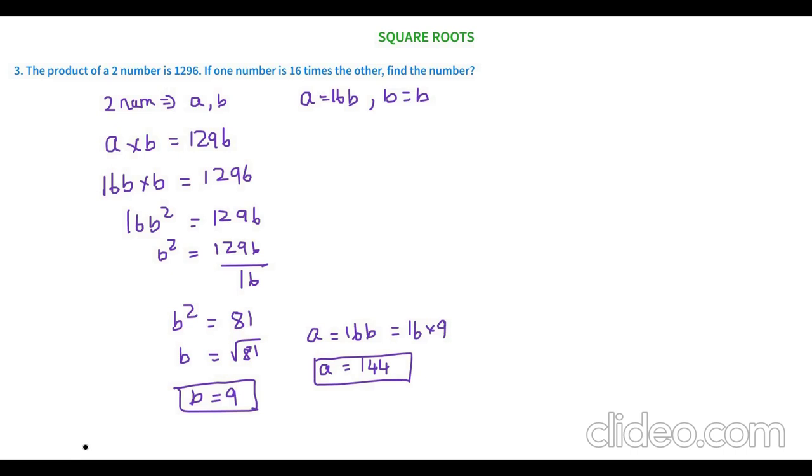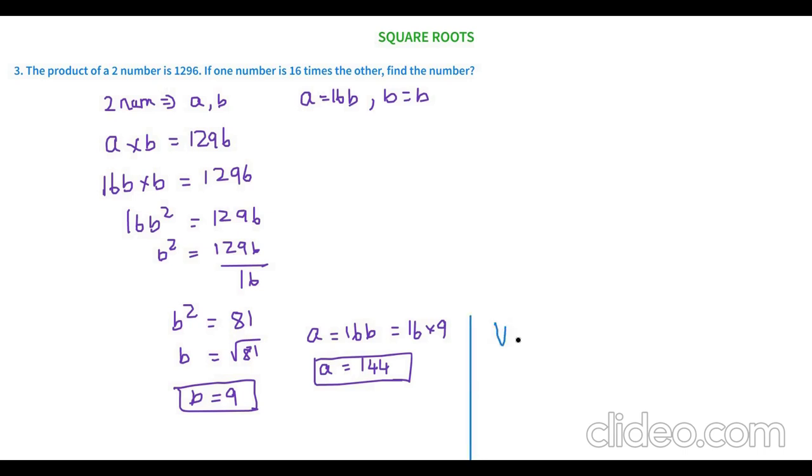So if you want to verify whether your answer is right or wrong, for these types of questions you can verify it. Whenever you want to check if the answer you have got is right or wrong, you can just multiply A times B. So that will be 9 times 144. So here I'm just writing a small verification so that it is easy for you to understand.